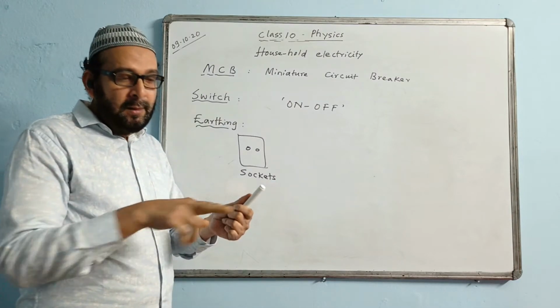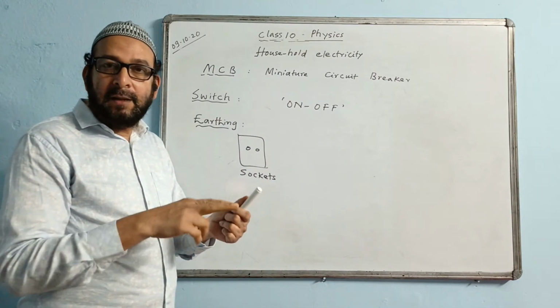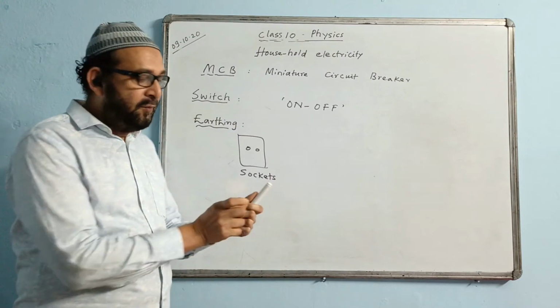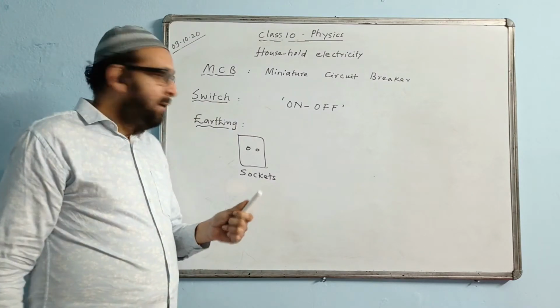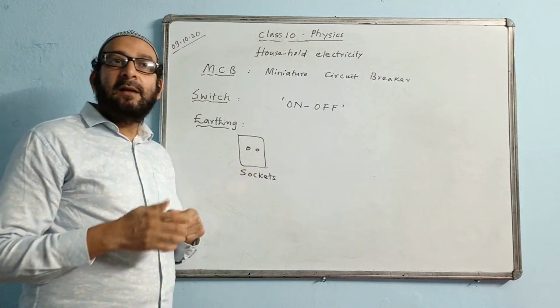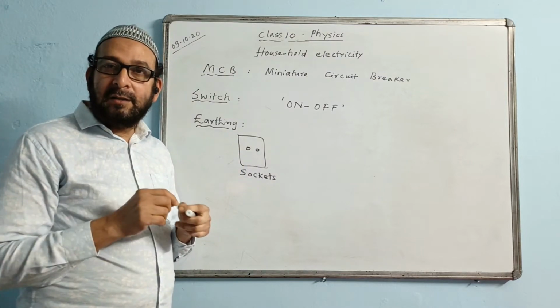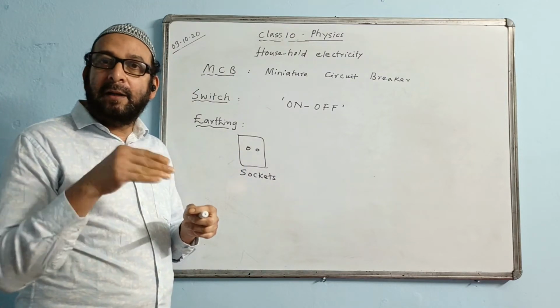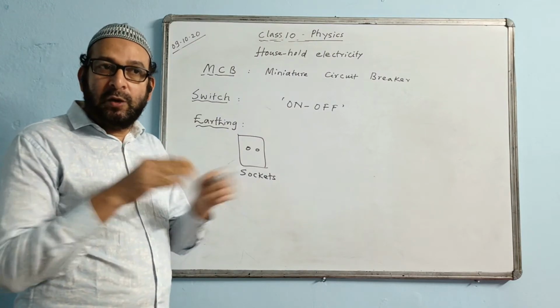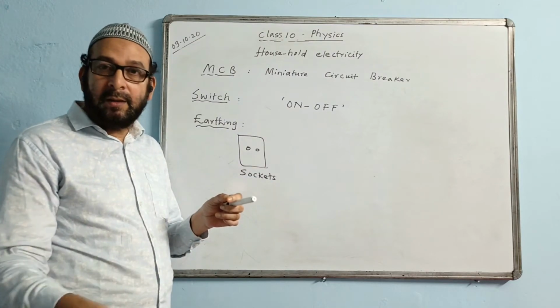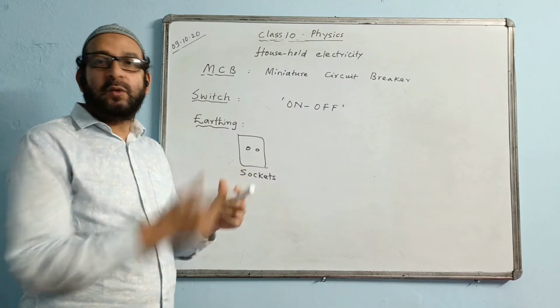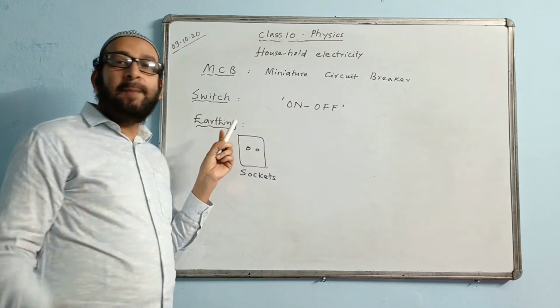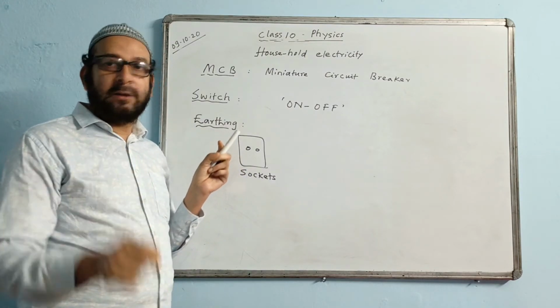Through the metallic part of the appliance, the current goes to the earth and the fuse of that appliance blows. So it is said that where the earthing is done, there should not be any painting or insulation. The current must go to the earth so that the fuse blows. So the metallic part of the appliance is earthed.